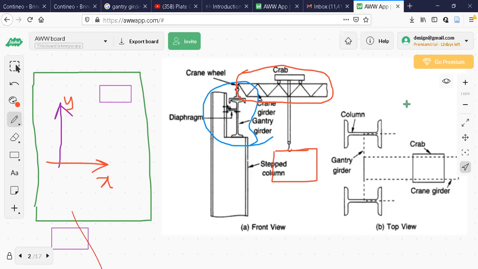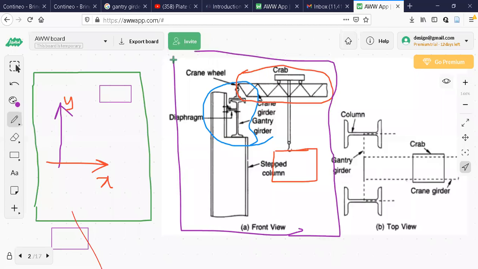There is one more, you can see here. That is a crane girder. At the other end also a crane girder is there. Don't get confused here. Only 50% of the diagram is shown. On the other side also one more gantry girder is there.